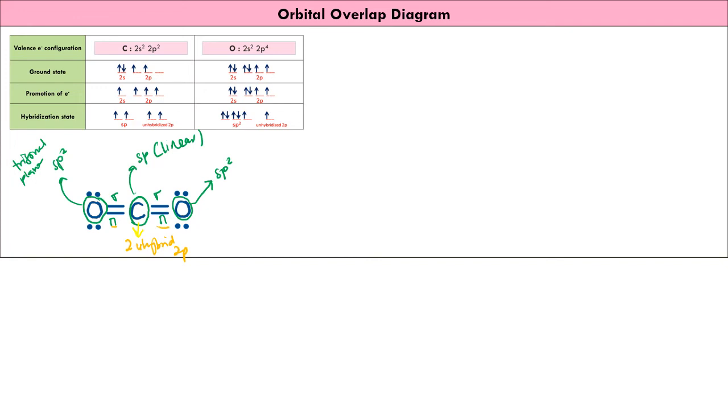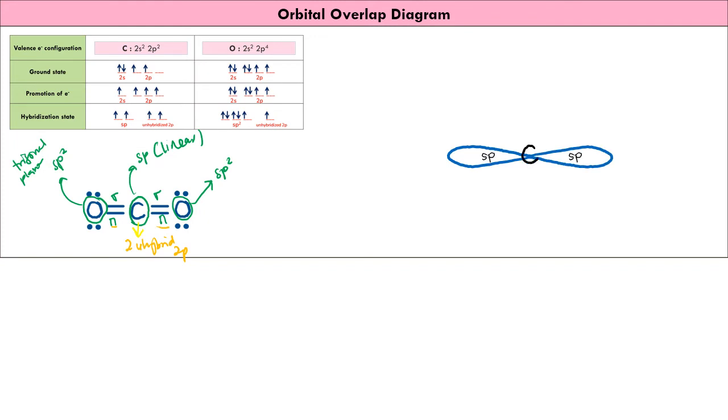Okay, so let's take a look at how to draw the orbital overlap diagram for each atom. Let's start with the shape for our carbon, which is linear. So this is the shape.